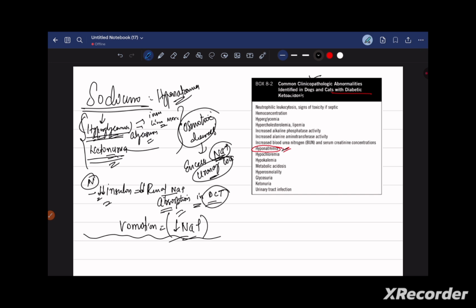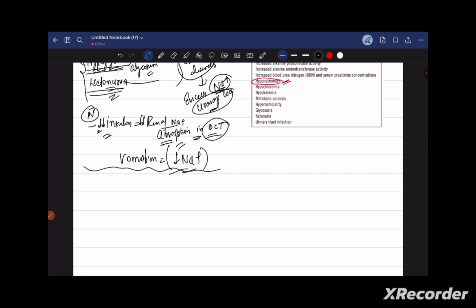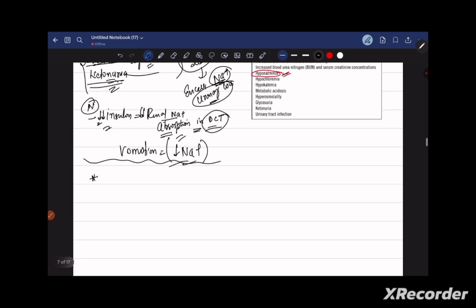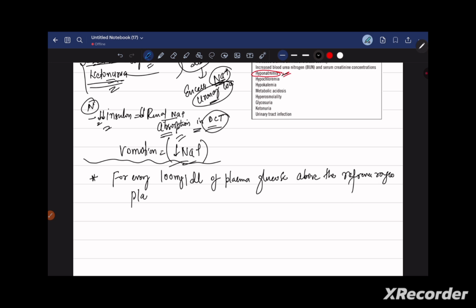Now remember one thing: for every 100 mg per dl of plasma glucose above the reference range, plasma sodium concentration decreases by 1.6 milliequivalents per liter.